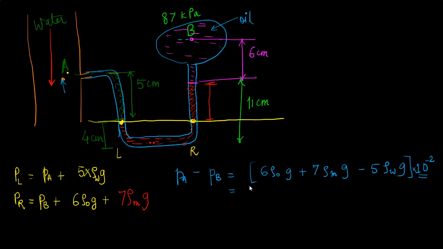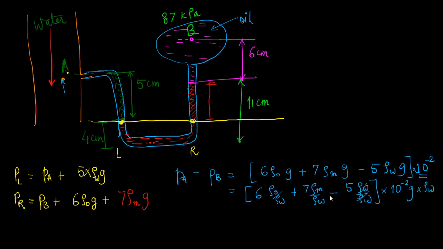So let us take the density of water outside. It becomes 6 times the density of oil divided by density of water, and let us take G outside as well, plus 7 times density of mercury divided by density of water minus 5 times density of water divided by density of water, times 10 to the power minus 2 times G times density of water.